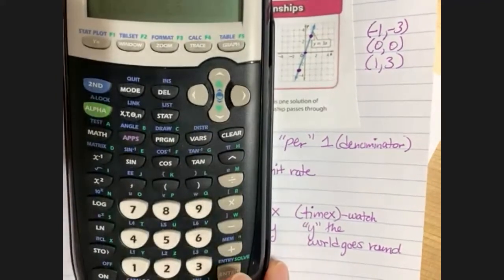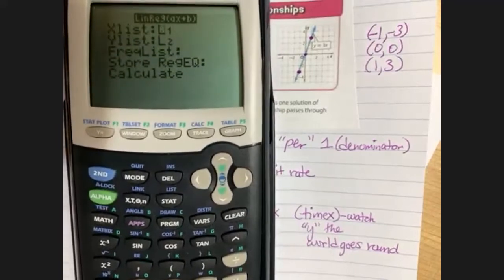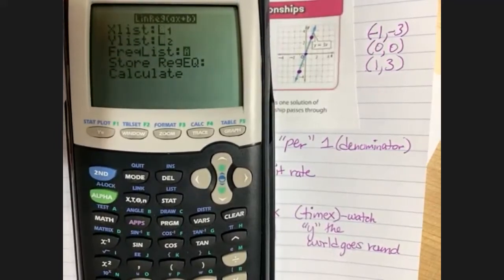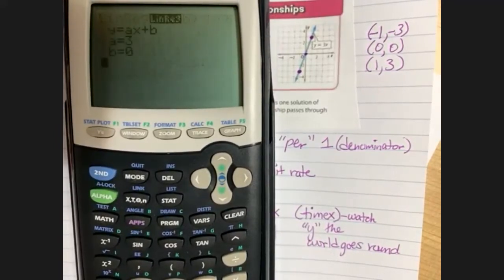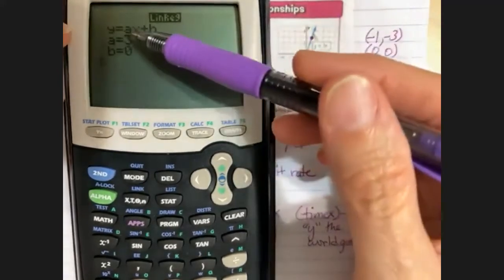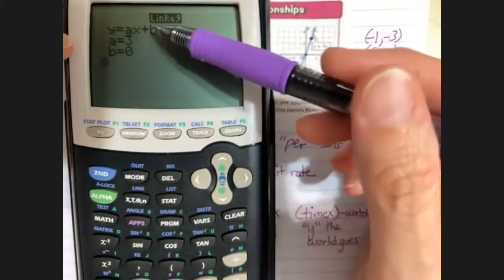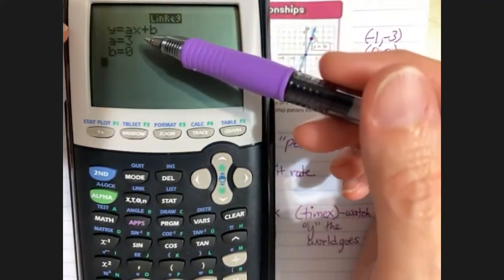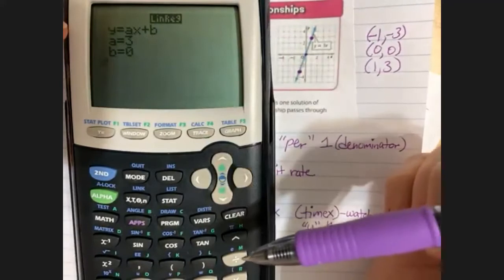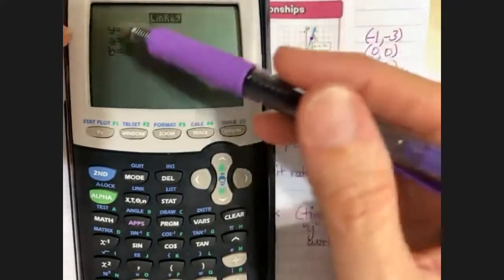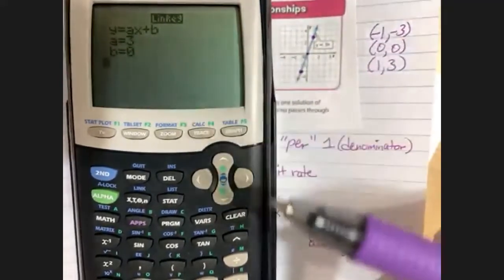On this screen, you hit enter, and then when you get to here, you hit enter, enter all the way through all of these to calculate, and it gives you the slope. So again, y equals the a is 3, so 3x plus 0, but I don't write plus 0 because anything plus 0 is just itself. So that's where you get your y equals 3x from on your screen.